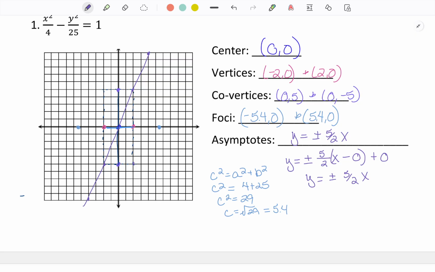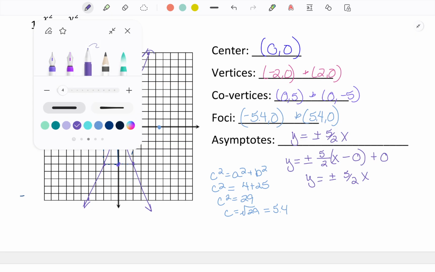And then we're going to drop 5 and run 2. So depending on what your center is, it won't always be your y-intercept, but it will always do this to your box. So it gives you a little bit more of a guide.